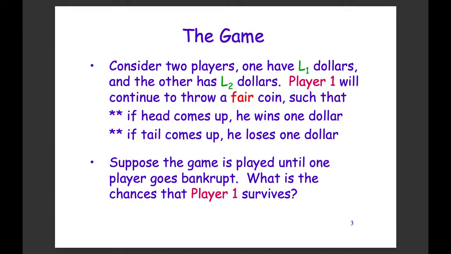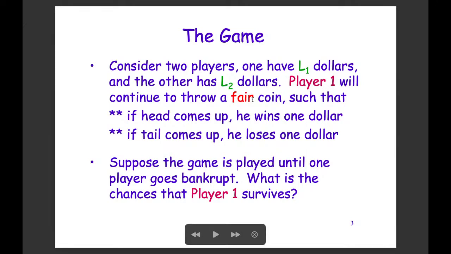So here, let us consider this game. Let's say there are two players. One of them has L1 and the other has L2. These two players are going to play a betting game. They have a fair coin.